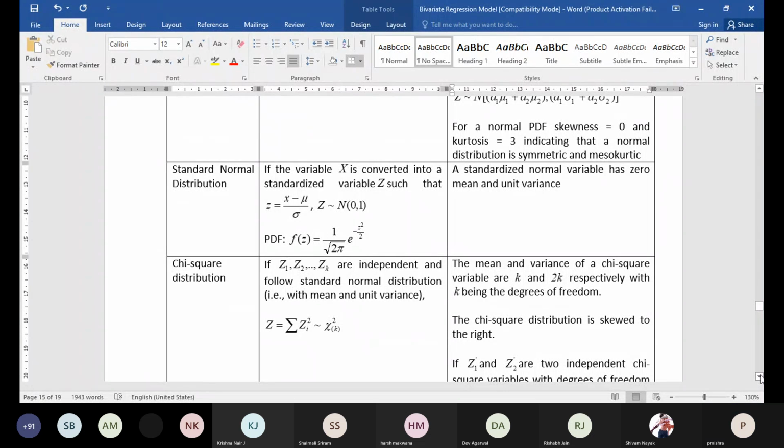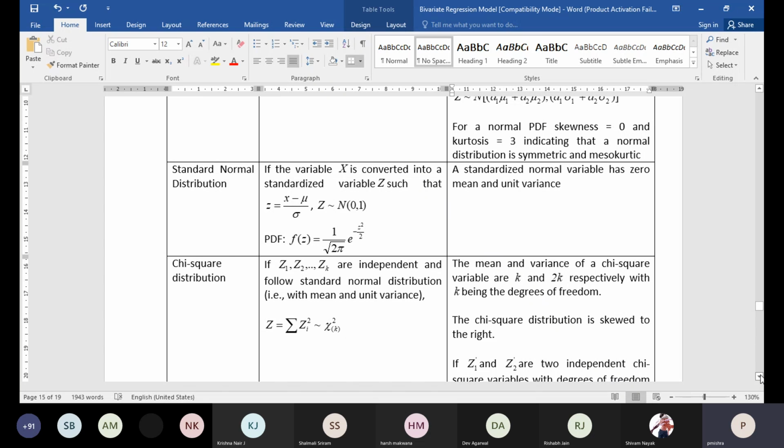If there are k standard normal variates, like say z1, z2 up to zk, and if we square these z variables and sum them up over k, then what we get is basically another statistical distribution, that is chi-square, with degrees of freedom k.